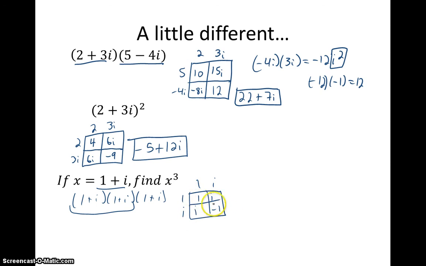So the 1 and the negative 1 cancel, that's nice, so I'm just left with 2i. Now that I have to multiply that, 2i, by 1 plus i, I can just distribute. So I'll have 2i plus i squared, which is negative 1 plus 2i, and I'm done in a plus bi form.